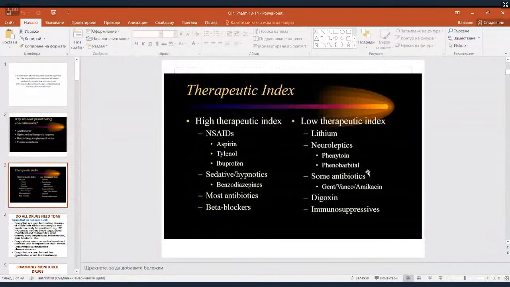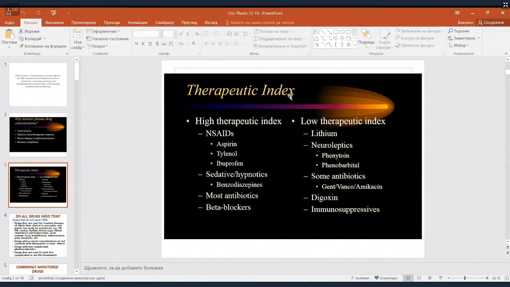Another very important topic is about the therapeutic index of the drug. What we mean by therapeutic index is actually a very basic concept in basic pharmacology. Maybe you remember therapeutic index from third year pharmacology.